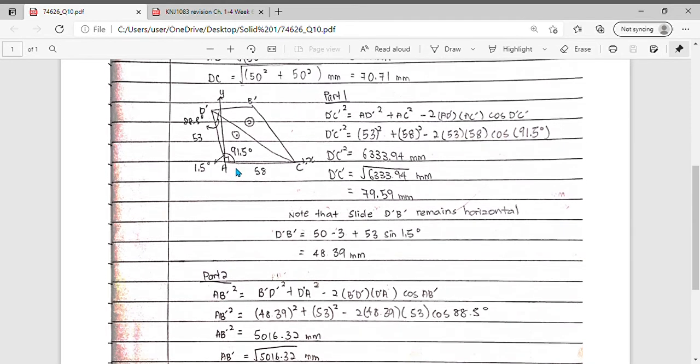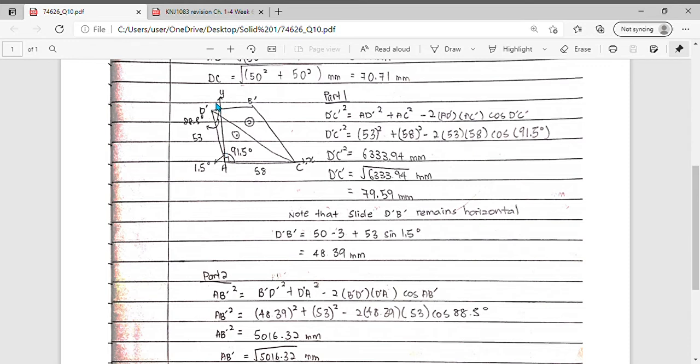AB prime squared equals B prime D prime squared plus D prime A squared minus 2 times B prime D prime times D prime A cos AB prime. This cos AB prime angle is also opposite the diagonal length that we want to find, which is AB prime. So how did I get the 88.5 here?